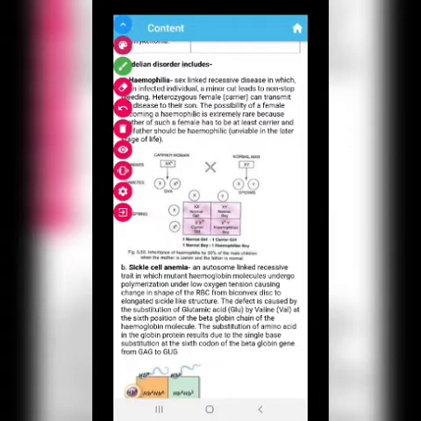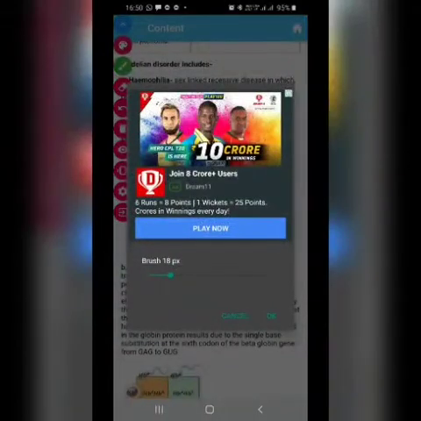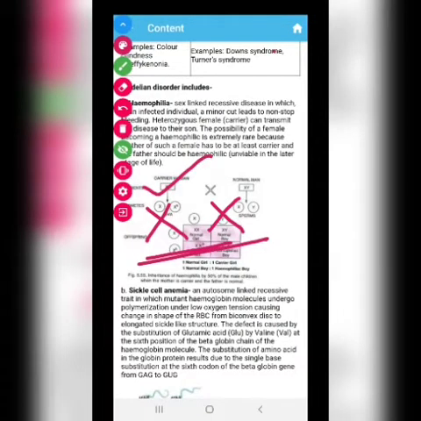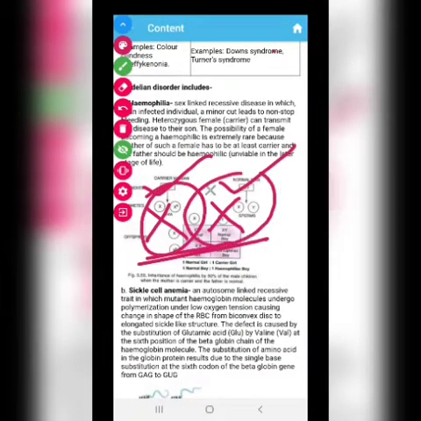Why? Because a female contains two X chromosomes, and only if both the X chromosomes are linked with the hemophilic gene does the female become hemophilic.